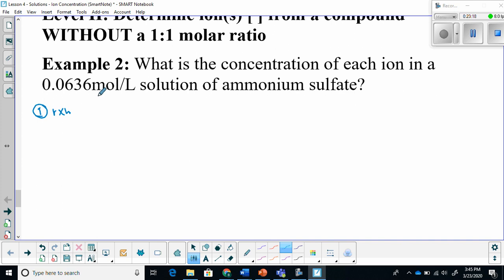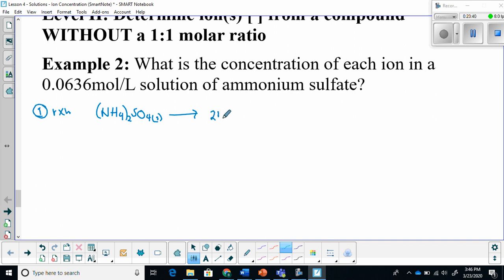Okay, so we have ammonium sulfate. That looks like this, NH4, and we have 2 of them because sulfate has a -2 charge attached to one sulfate. That's solid.